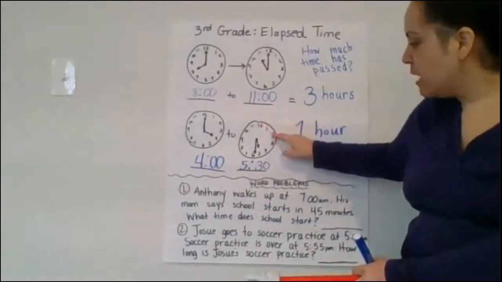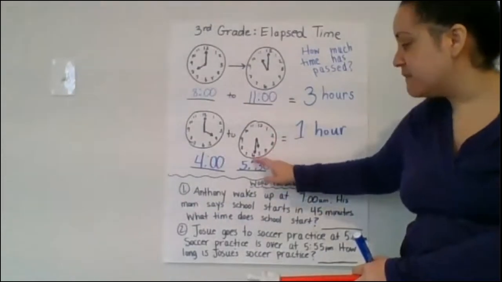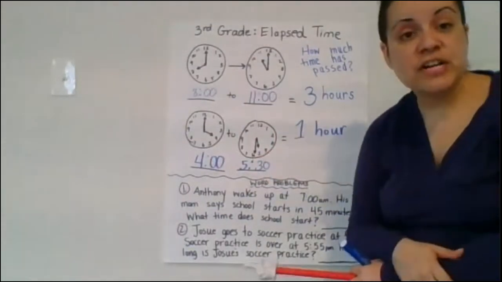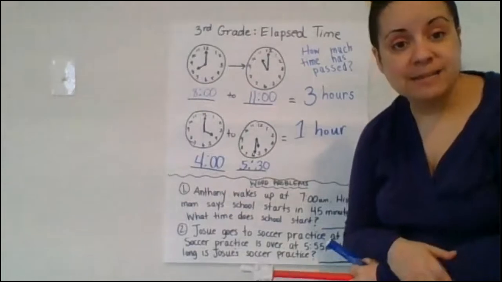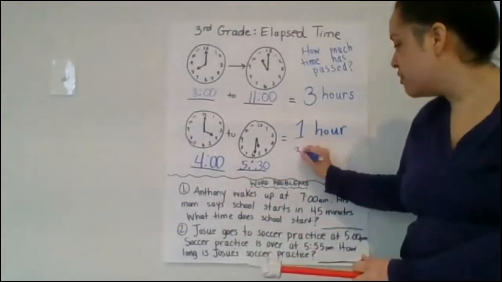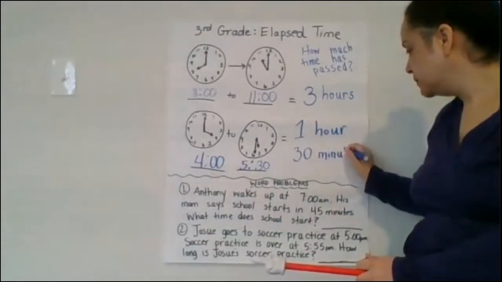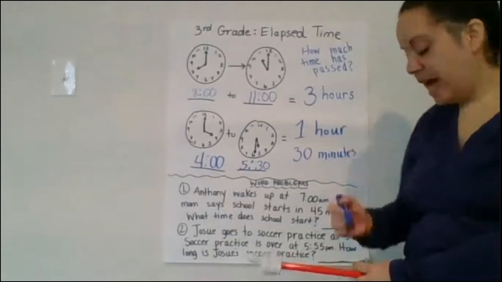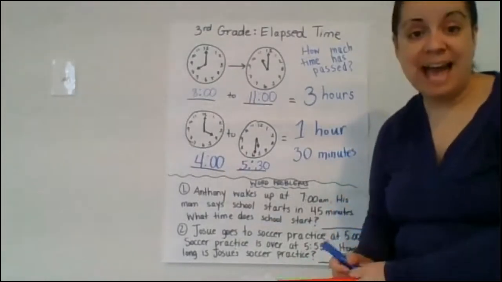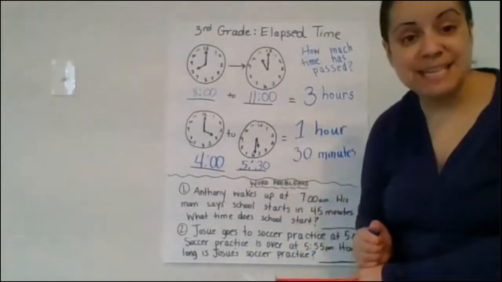But we know that we also went 5, 10, 15, 20, 25, 30. 30 more minutes. So I have 1 hour and 30 minutes. That's how much time has passed. 1 hour and 30 minutes.